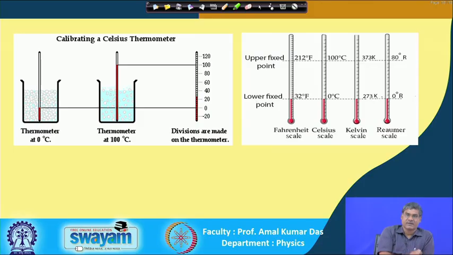It is defined, okay. And then we have to make a scale, divided between the upper and lower ends. The total length will be for 100 degree centigrade, so we can divide it equally into 100 divisions, and each division will be 1 degree centigrade.